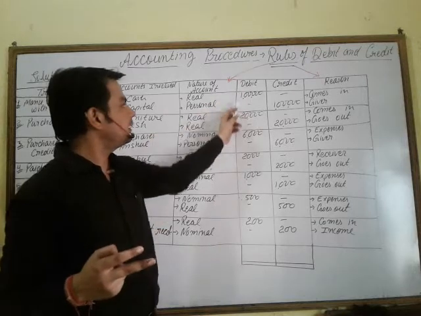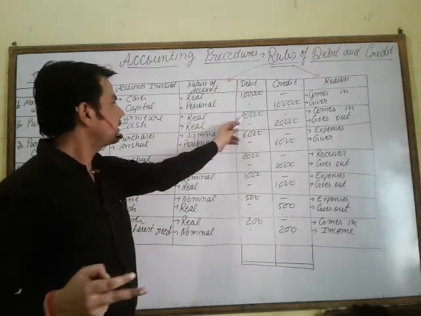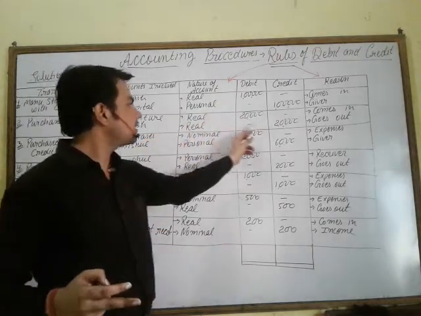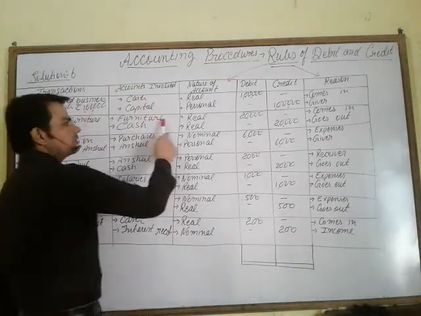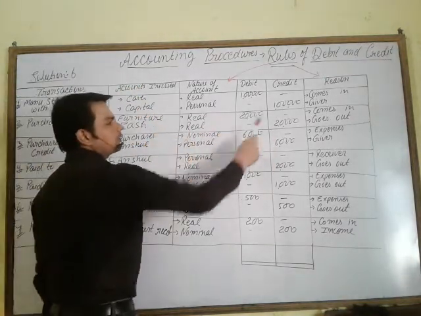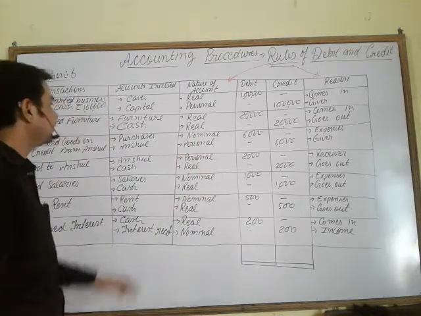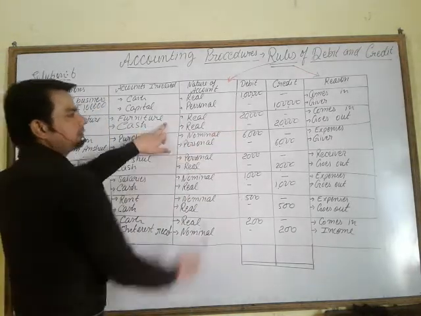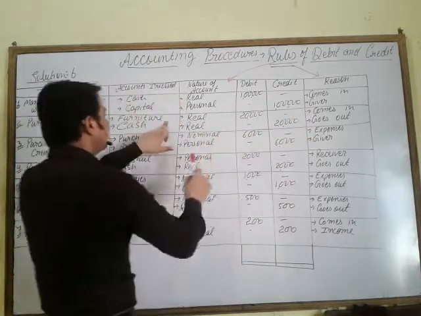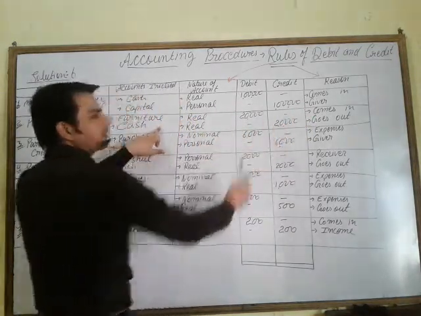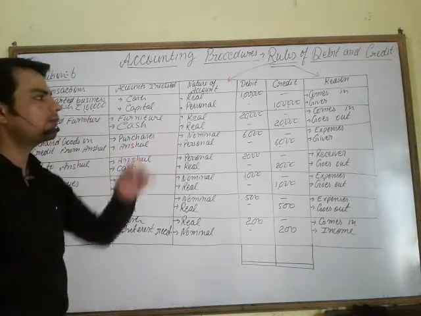Furniture account should be debited and the cash account should be credited. Journal entry will be furniture account debit to cash account. Why have we debited the furniture here? Because what comes in is debited and what goes out is credited. It is the rule of debit and credit.